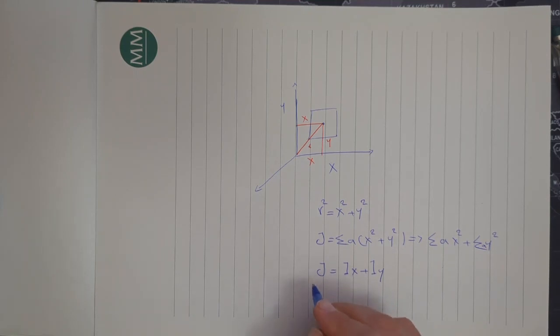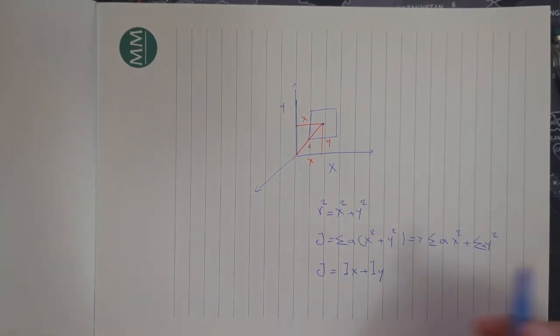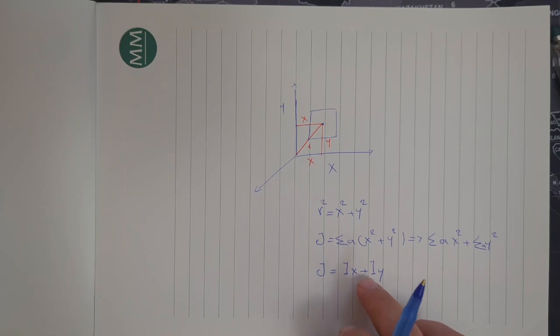So the polar moment of inertia equals the moment of inertia compared to the x-axis plus the moment of inertia compared to the y-axis.